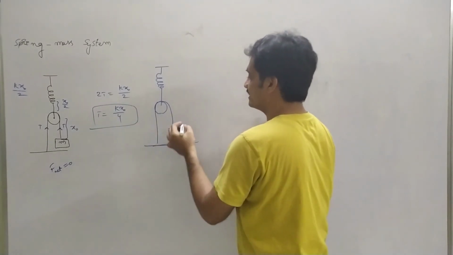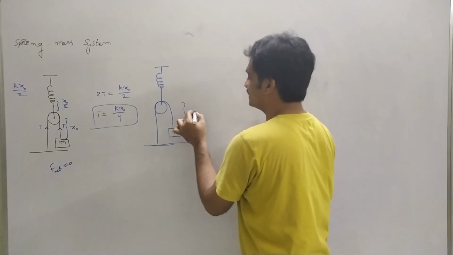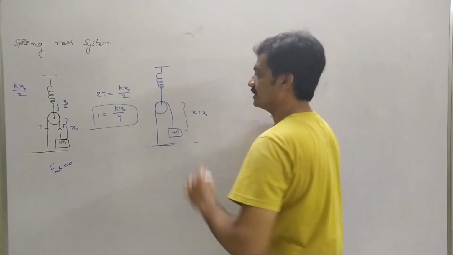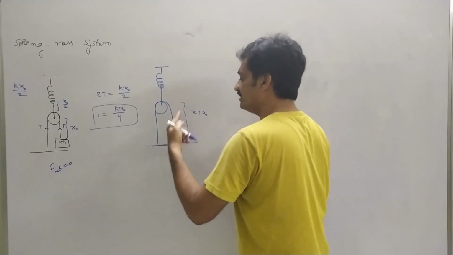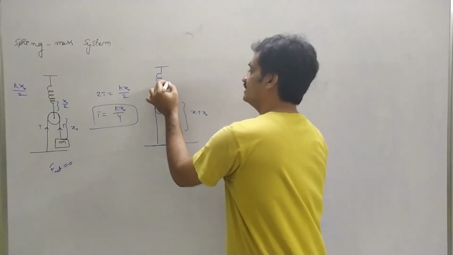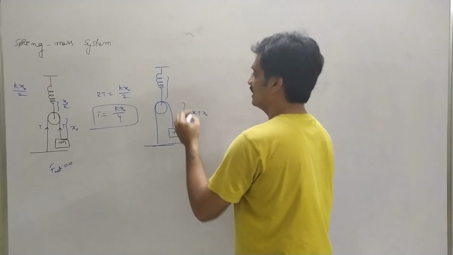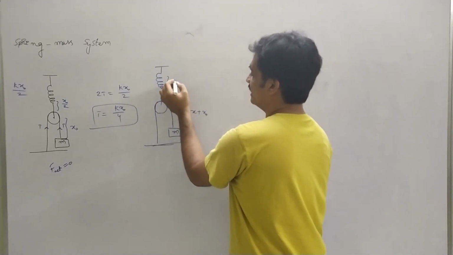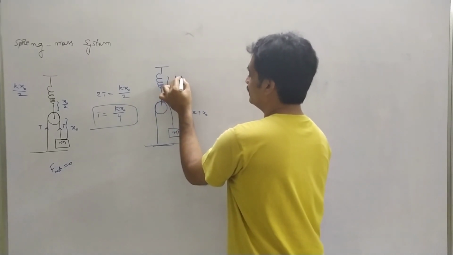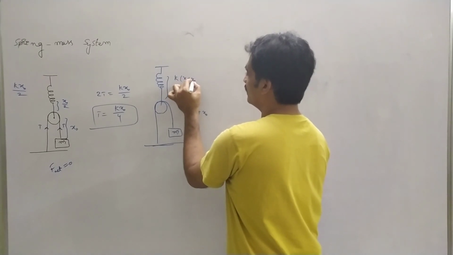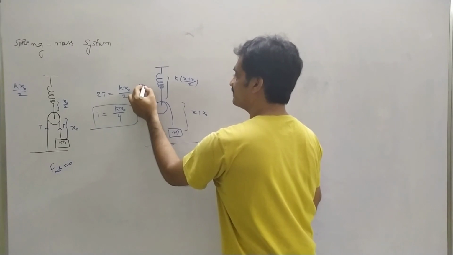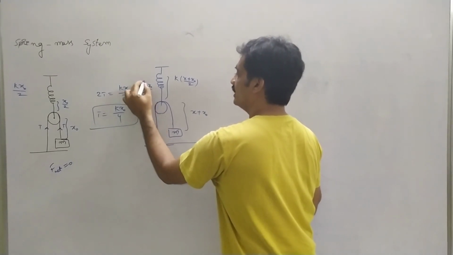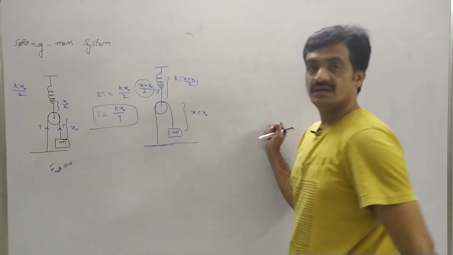Initially the displacement is x naught. So the total displacement can be represented as x plus x naught made by the body. So this body will start oscillating. Then we can represent the force as k into (x plus x naught) by 2. Why? Because the displacement of the spring is represented as (x plus x naught) by 2, based on the initial displacement.